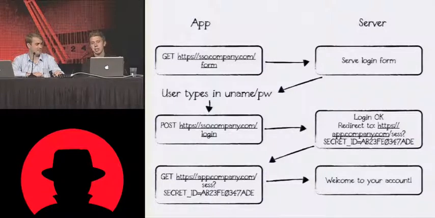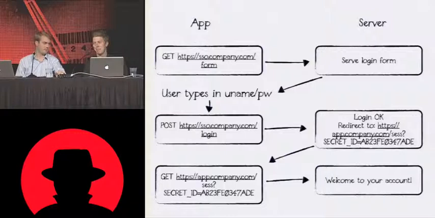But let's assume that the username and password is correct, and the server will say, OK, the login was OK, now that you've signed on to the single sign-on system, we want you to redirect to app.company.com, and we're going to give you a session. That session is authenticated by a secret key, and we're going to give you that in the URL we give you back. So the application gets this redirection, says, OK, I'm going to go get this URL. Now the server responds with welcome to your account and might set some cookies, and so on and so forth.